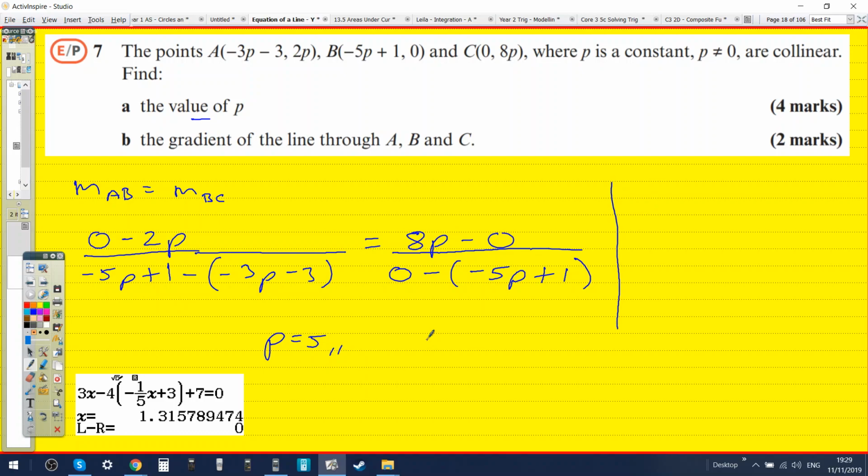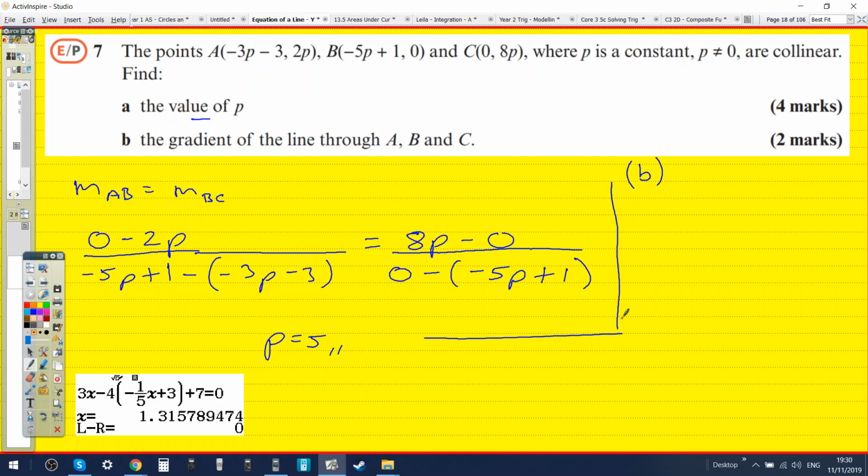So the gradient of the line through A, B, and C. Do I just need to simplify one of them, 0 minus 2p over minus 5p plus 1 minus 3p minus 3? Which one is easier to simplify?